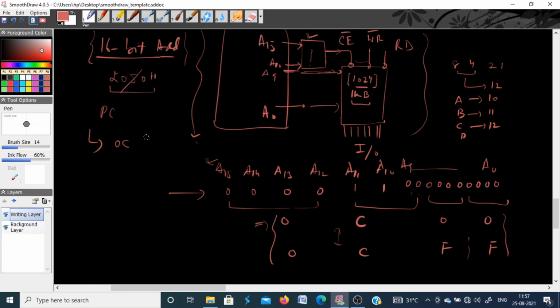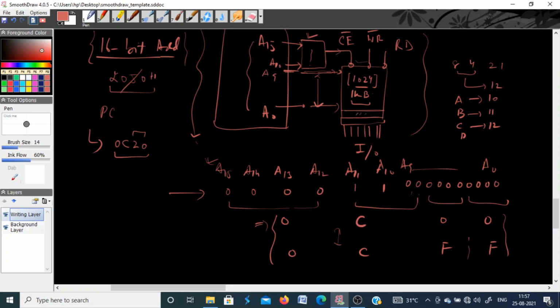If I place the address 0C20 on the program counter, it will place that address on the 16-bit address bus. Out of this 16-bit address bus, only 10 bits, A0 to A9, go to the decoder, and depending upon those bits, one of the registers in this memory will be selected.